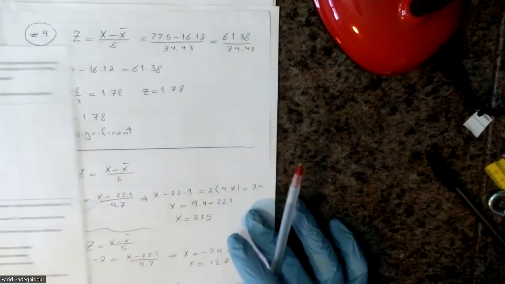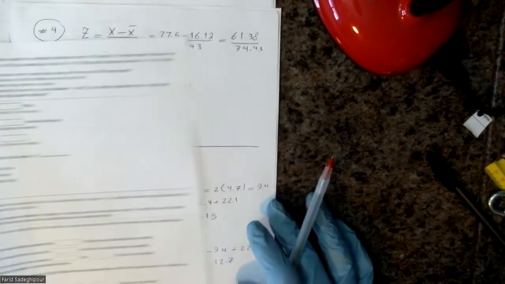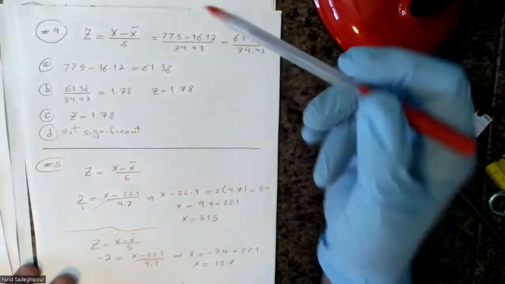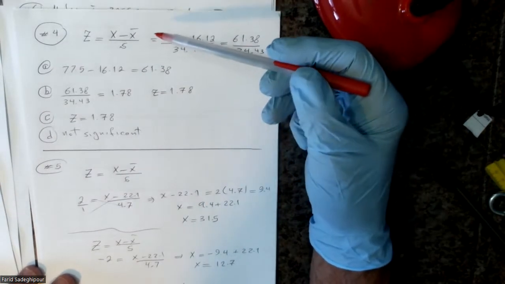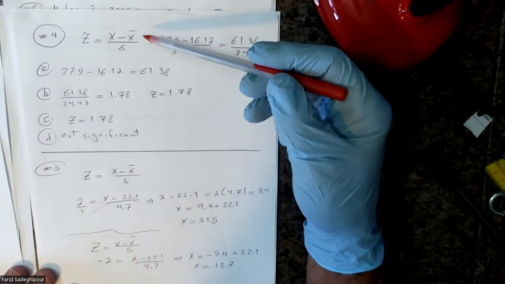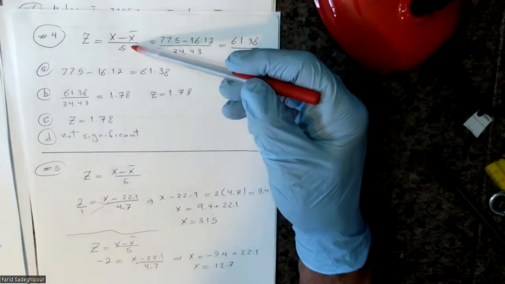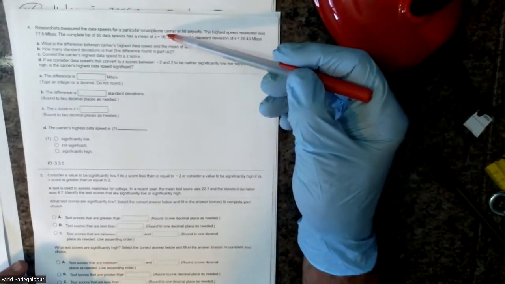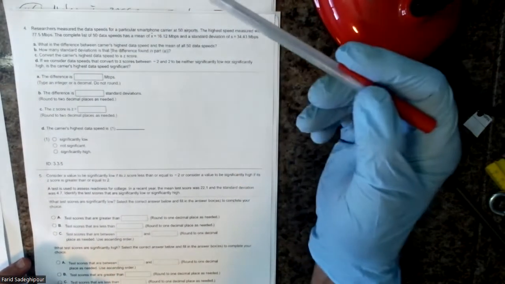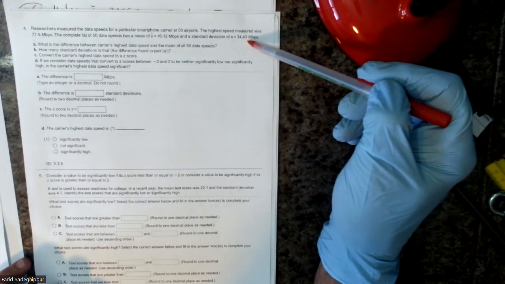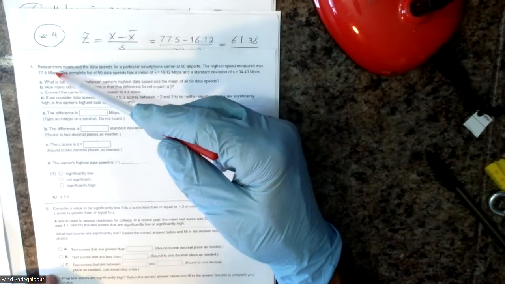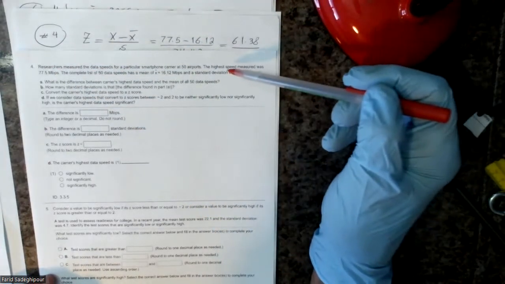Number 4. Here, they want you to find the difference. If we want to calculate the value of z, we need the mean and the standard deviation, and both values are given in the problem. The mean is 16.12 and the standard deviation is 34.43. The value of x is 77.5, the highest speed measured.